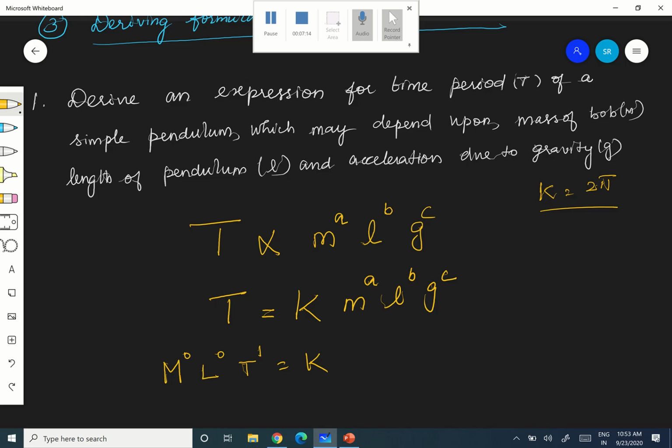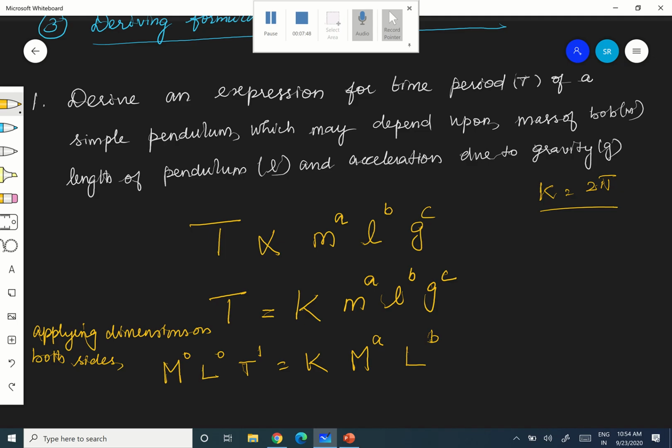Okay, then here you apply M, mass, therefore capital M dimension. Applying dimensions on both sides. Okay, therefore M power a, then L power b.